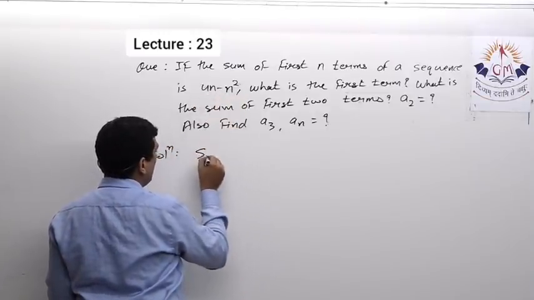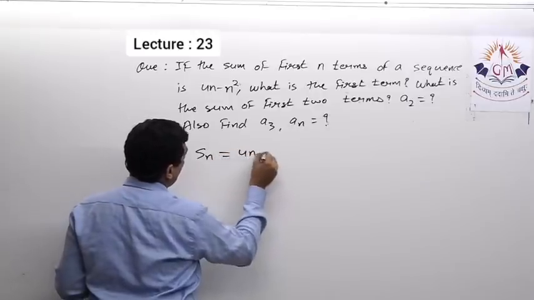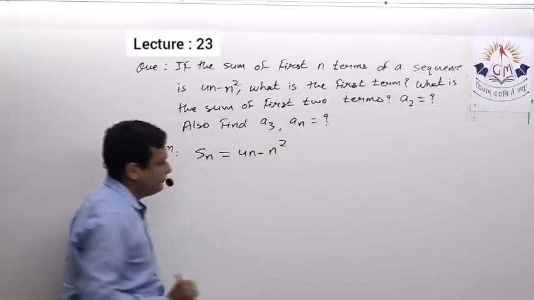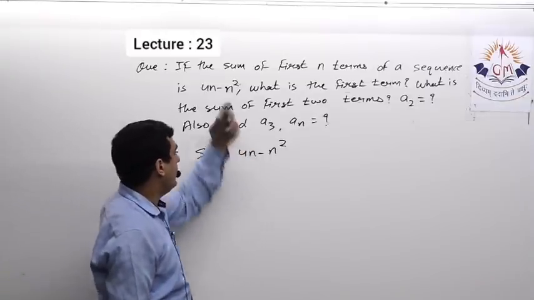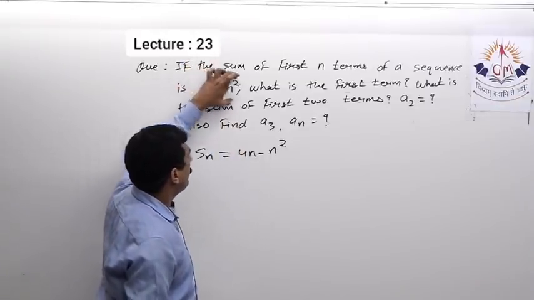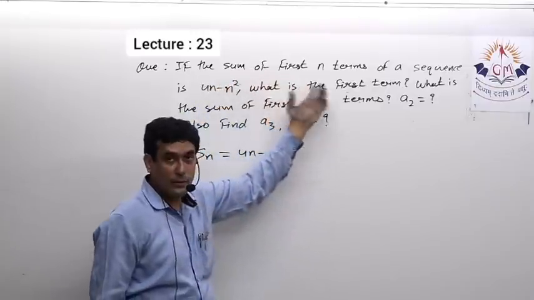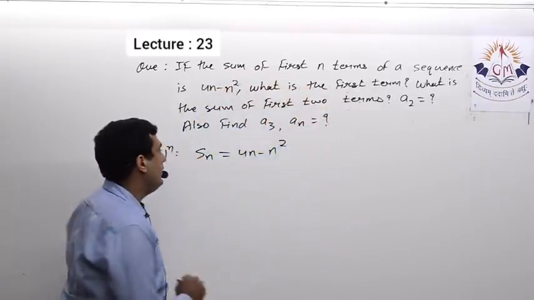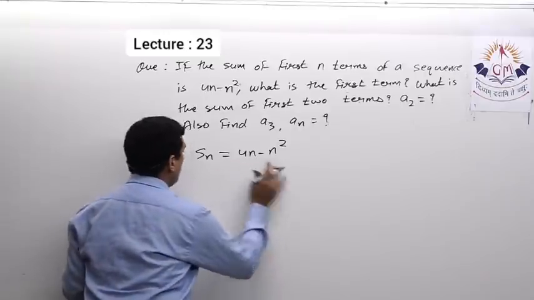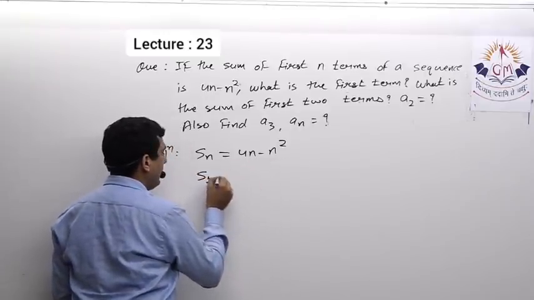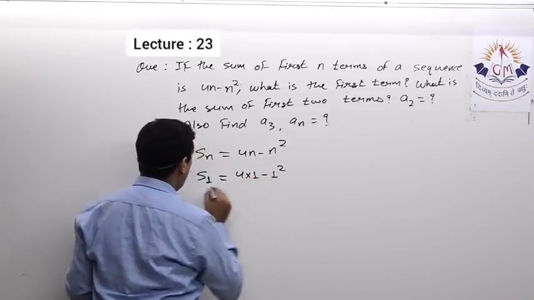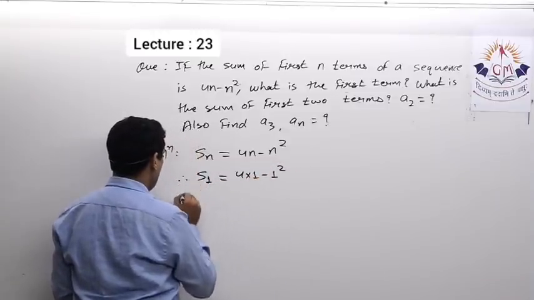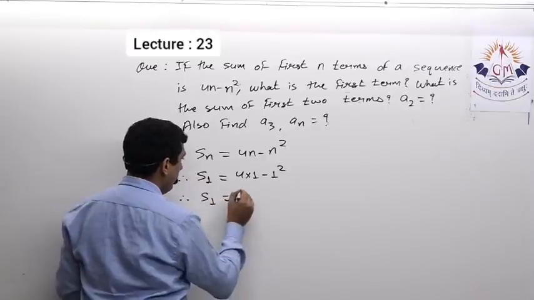So here we have Sn equal to 4n minus n square. In other words, if I tell you to show that this represents an AP, how will we show it? Sn equal to this, so I will find S1, that is 4 into 1 minus 1 square, so 4 minus 1, 3.